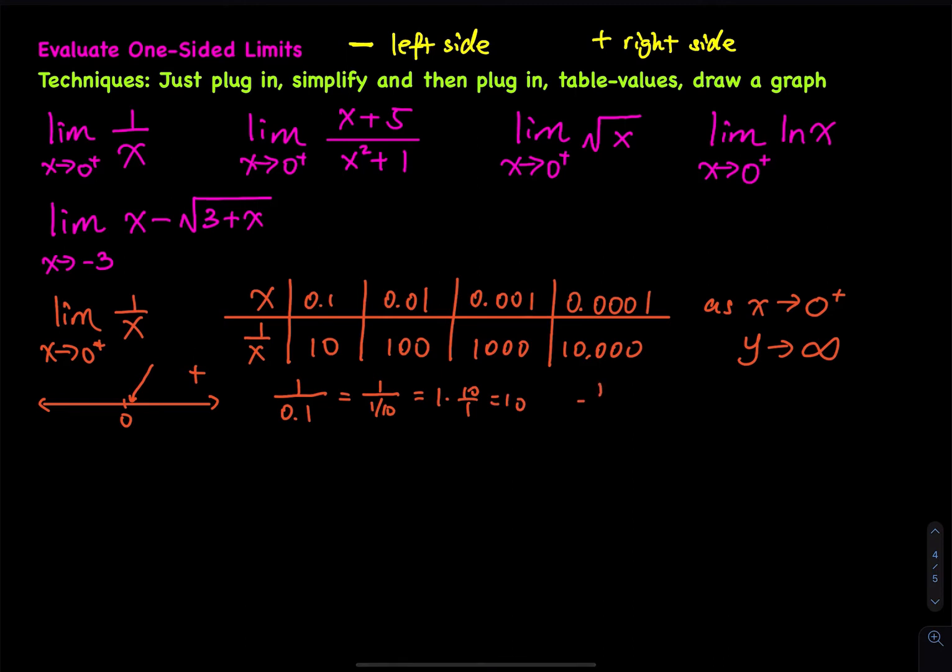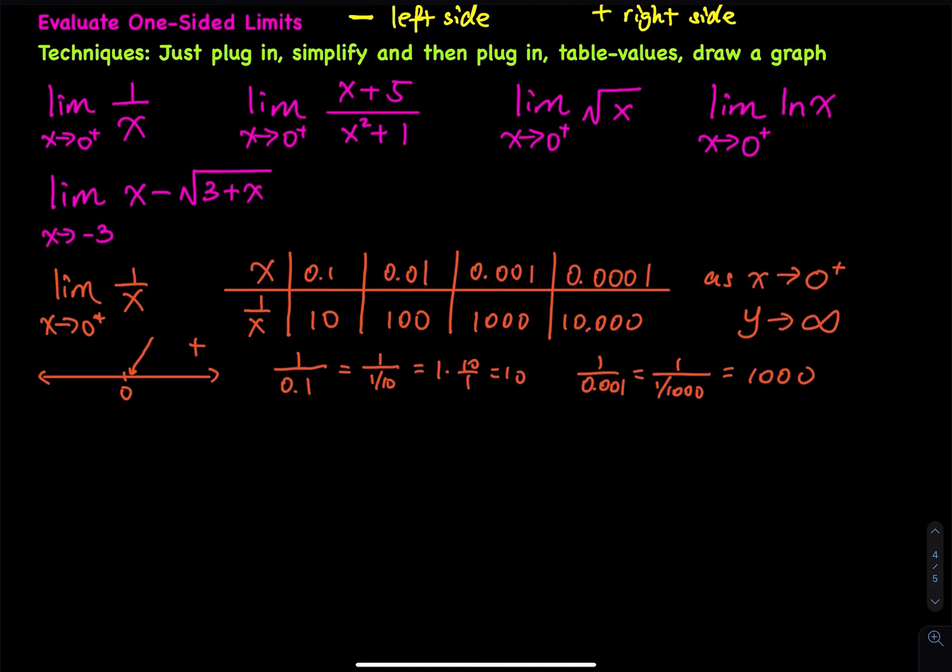If you do 1 divided by 0.001, that is 1 divided by 1 over 1,000, you take the reciprocal, and the answer is equal to 1,000. So if you put many zeros before the 1, then you are taking 1 multiplied by an extremely large value. As a result, the y is getting really, really big.